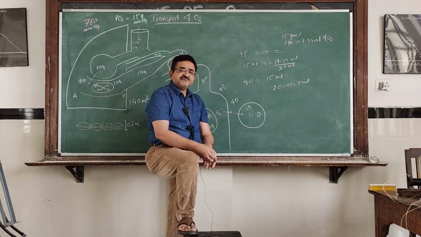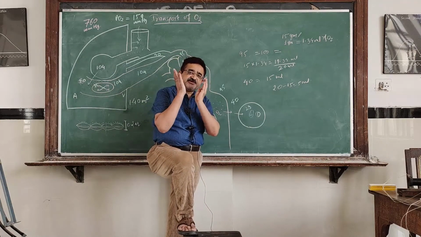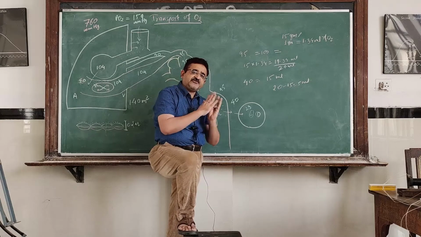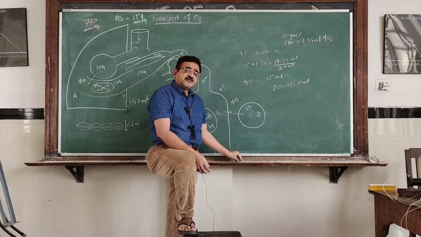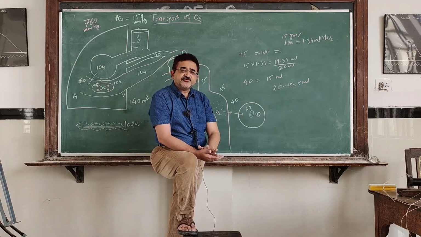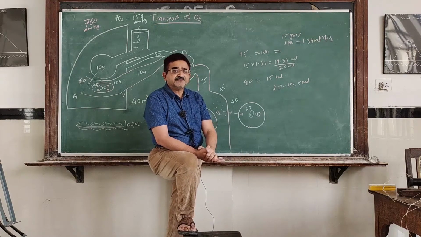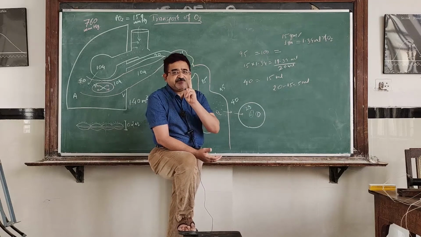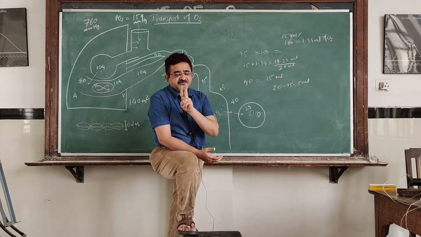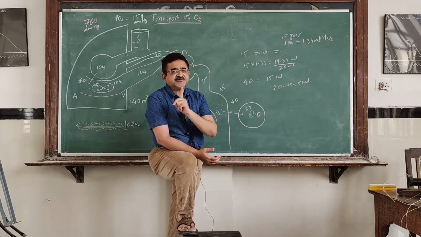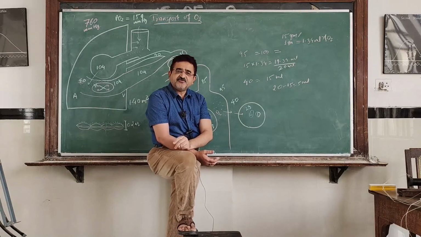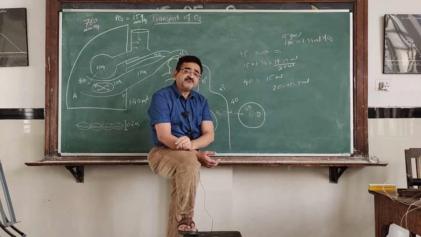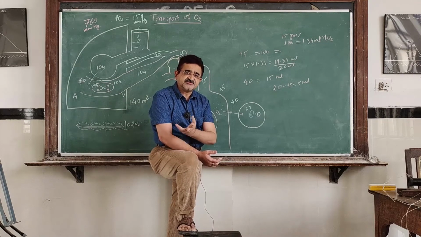So this is the way oxygen is transported from the lungs all the way up to the cell. Now, how much amount of O2 is transported by the blood? It depends on two factors. First factor is the hemoglobin concentration. We know 1 gram of hemoglobin carries 1.34 ml of oxygen.